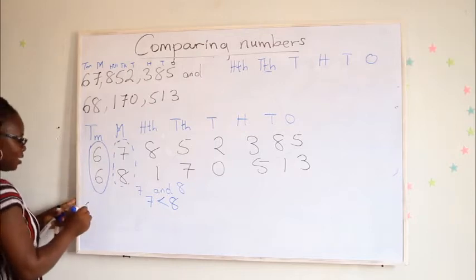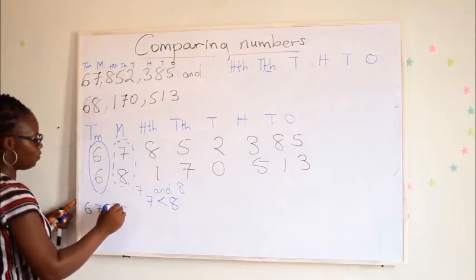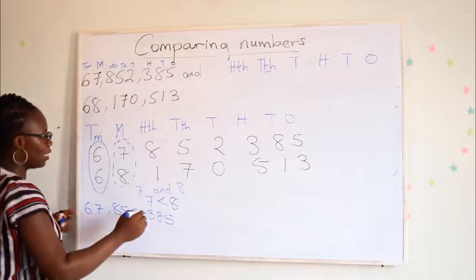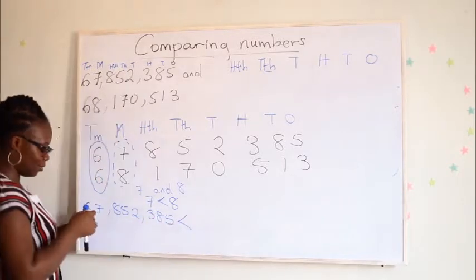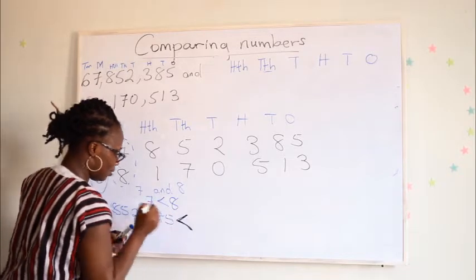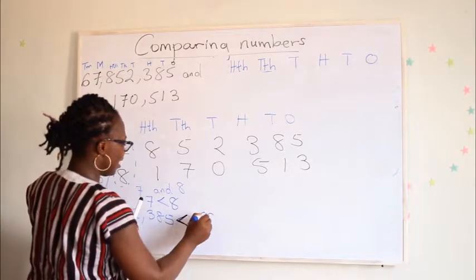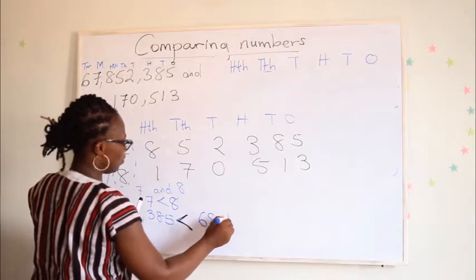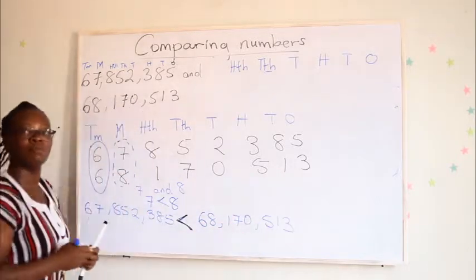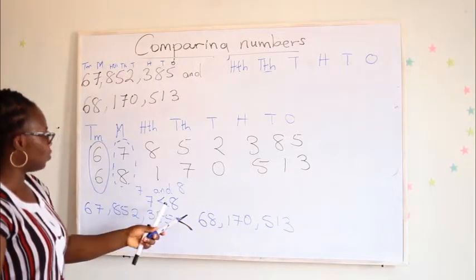So I can write 67,852,385 is less than 68,170,503, which implies that this is greater than what? That. This is what's greater than this.